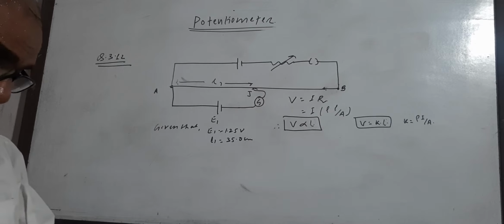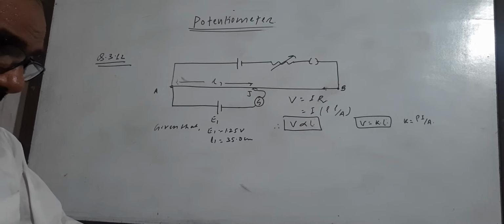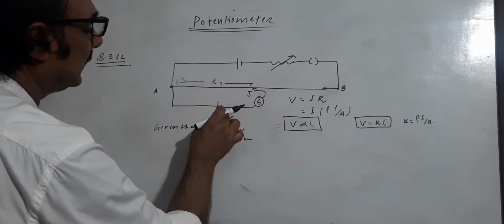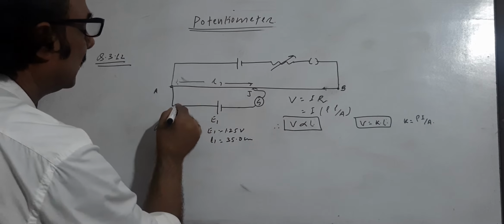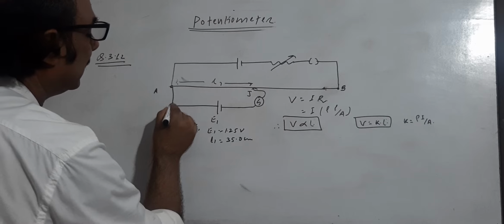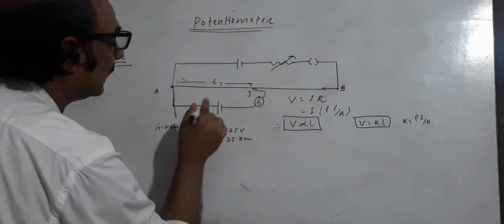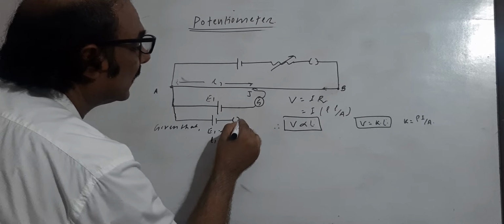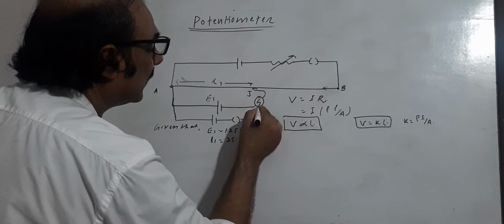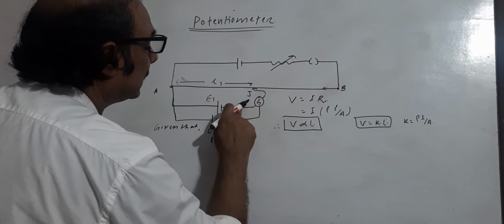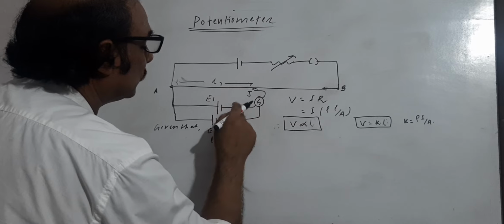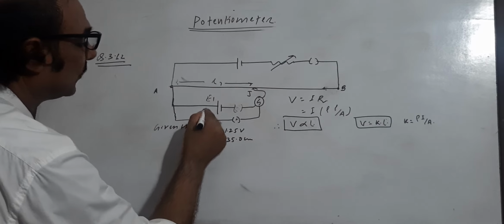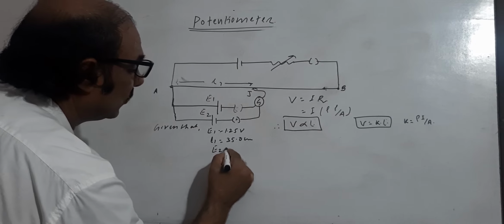Now the cell is replaced by another cell. So either remove this cell E1 and use another cell, or connect it like that, with this one open and this one closed.